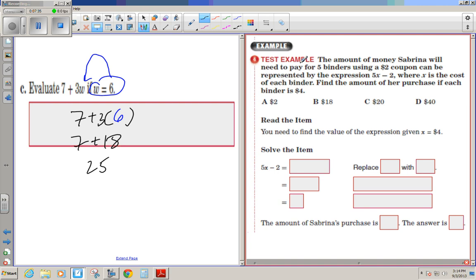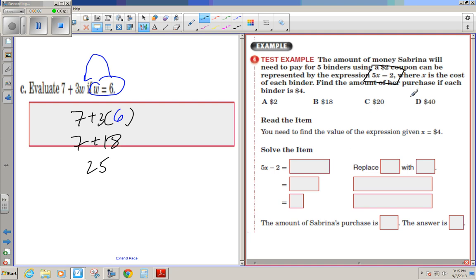Here's an example. The amount of money Sabrina will need to pay for 5 binders using a $2 coupon can be represented by the expression 5x minus 2, where x is the cost of each binder. Find the amount of her purchase if each binder is $4. So it's giving us an equation to follow.